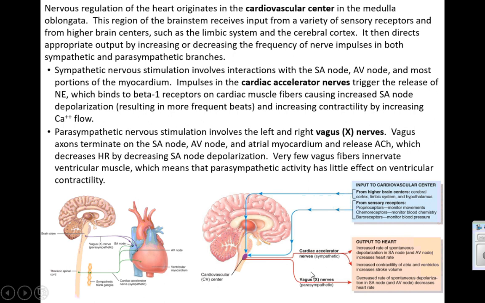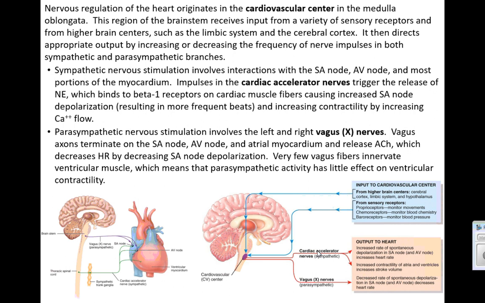But the output is what we're going to focus on right now, which we know there's two outputs, sympathetic and parasympathetic, since these are autonomically controlled regions of our body. The heart is, that is. The sympathetic nervous stimulation involves interactions with the SA node, the AV node, most portions of the myocardium. It involves what we call cardiac accelerator nerves. That's exactly what it sounds like.